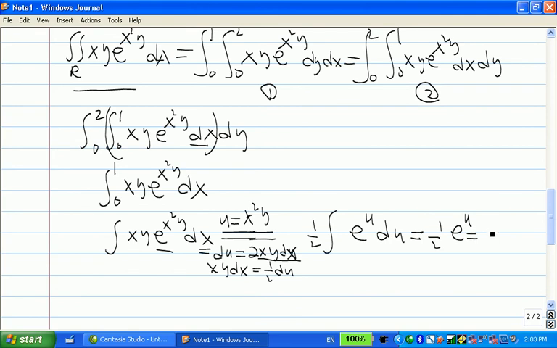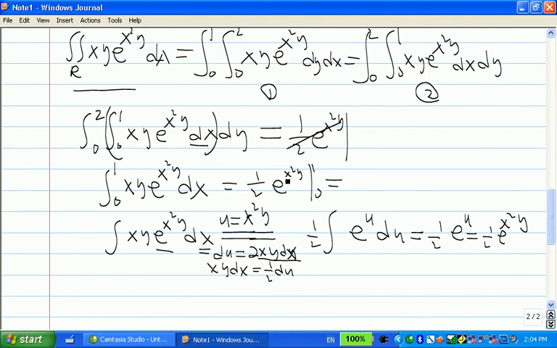What's the e to the u? It's e to the x squared y, right? My u equals x squared y. So we find its antiderivative. You put it back here, 1/2 e to the x squared y, evaluated from 0 to 1. Now you have two variables here.